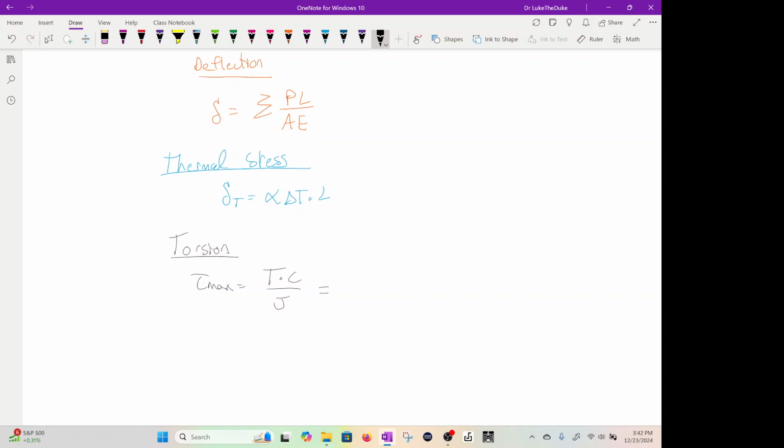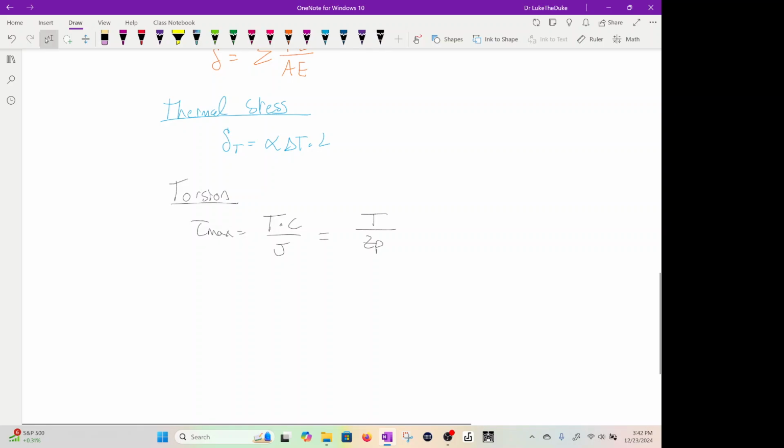Sooner or later in machine design, we can also use the polar section modulus, ZP, which is J over C. Again, T is your torque, C is the outer radius of the shaft, J is your polar moment of inertia of the cross-section area, and ZP is your polar section modulus. There are tables that you can use to find that.